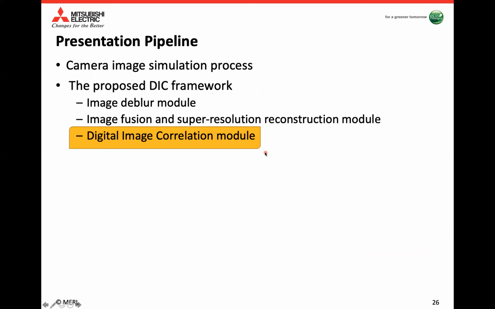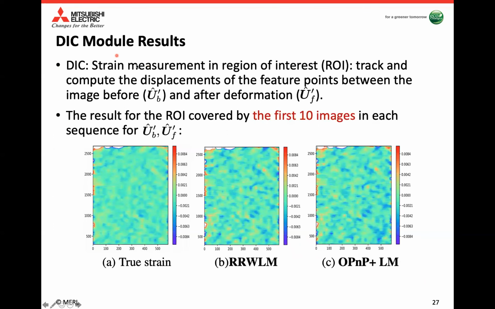Through the final module, we can get the strain measurements from the image stitching results of the image before and after deformation. This is the result using the stitching results of only 10 images to do image fusion. The strain measurement results by our method and the baseline are both okay, compared to the ground truth.